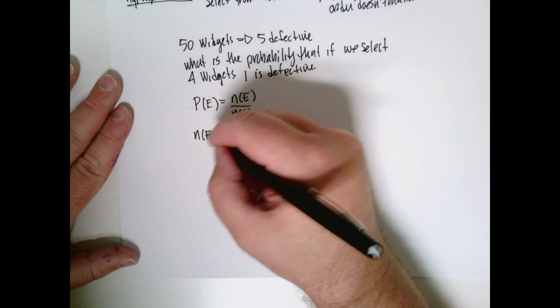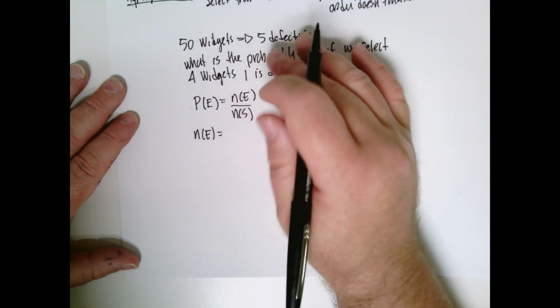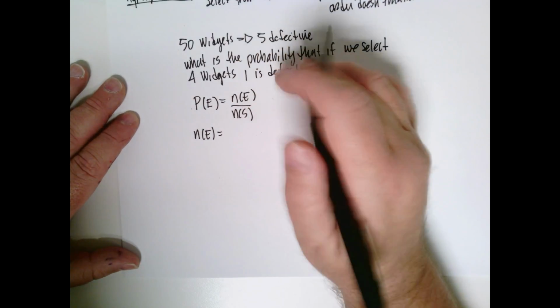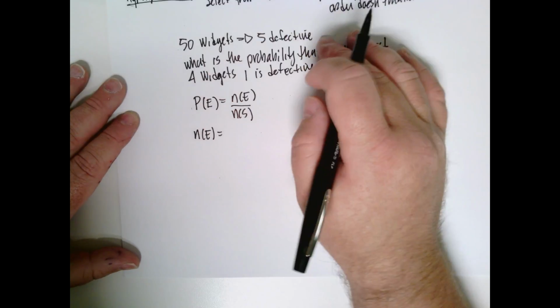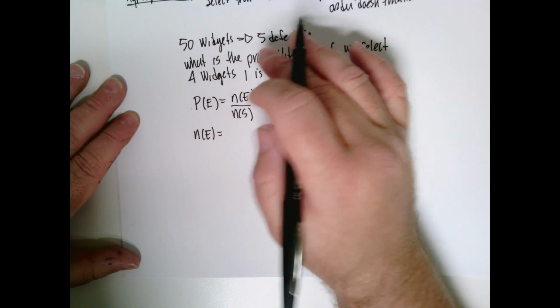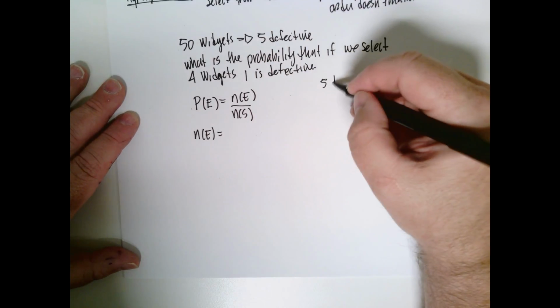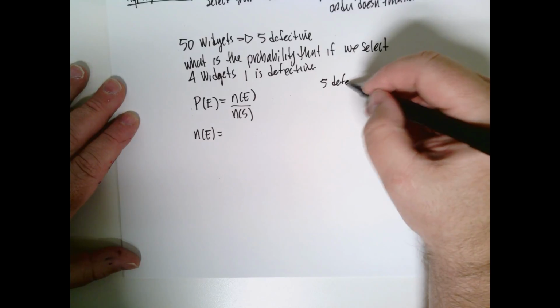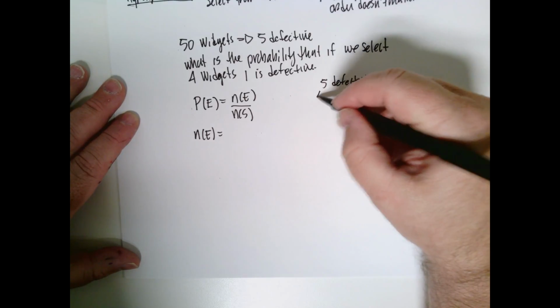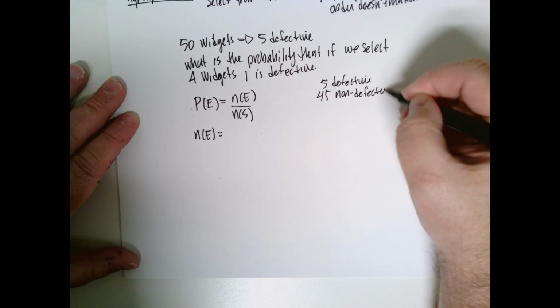The number of things in the event would be all the different ways that we can select the one defective one, times all the ways that we can select the rest of them that are not defective. So if there are 5 defective widgets, there have to be 45 non-defective, right?